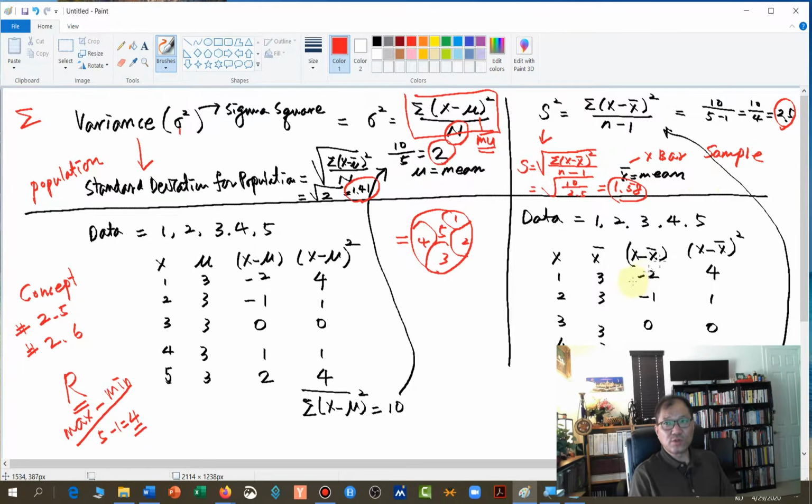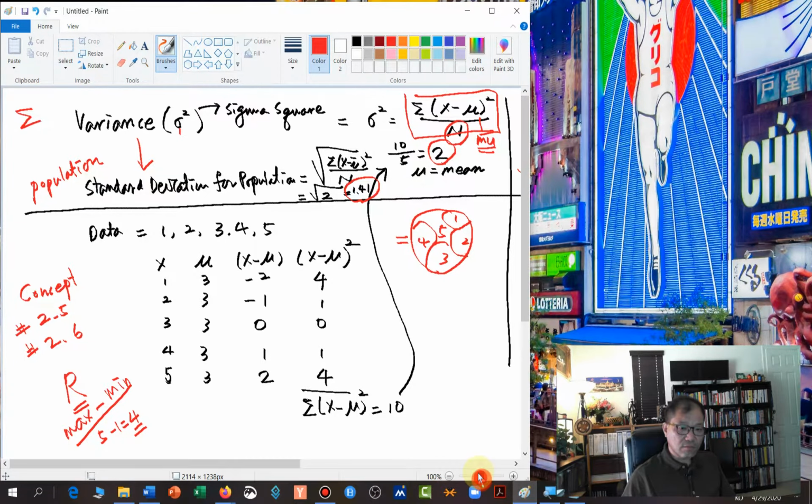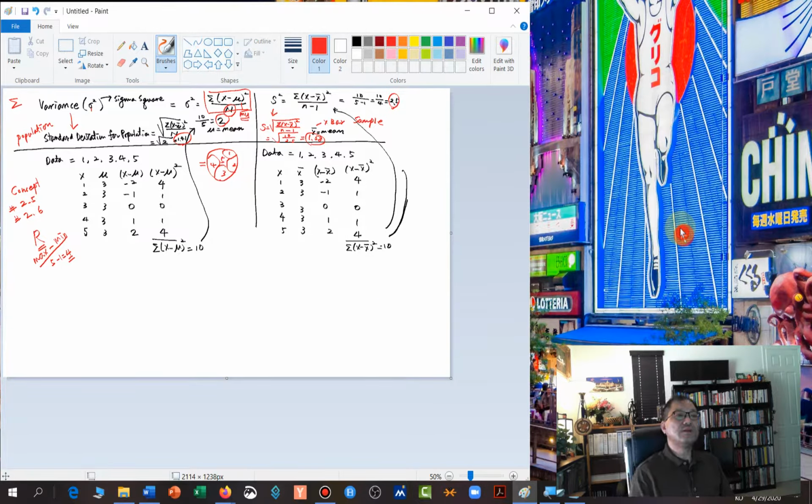If you look at the sample data set here, you have 1, 2, 3, 4, 5. Now you have s square, which is the variance for your sample data. The equation is a little bit different, okay? N minus 1. So the denominator is less than the denominator in the population. I will explain about it later, okay? So just try to memorize variance.